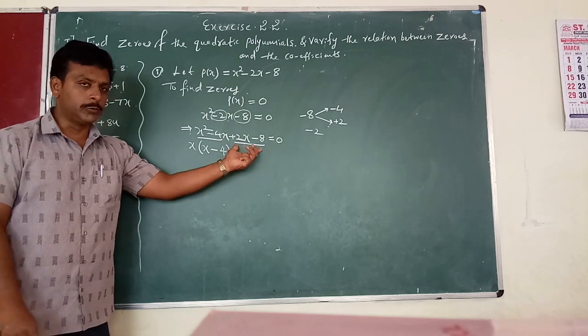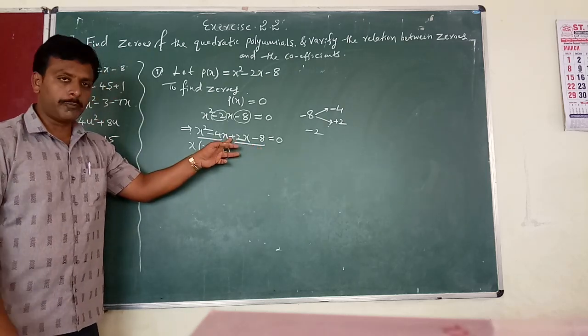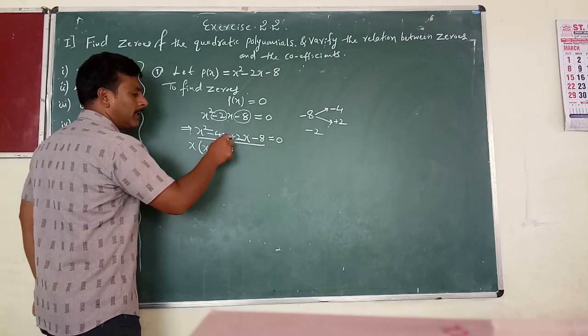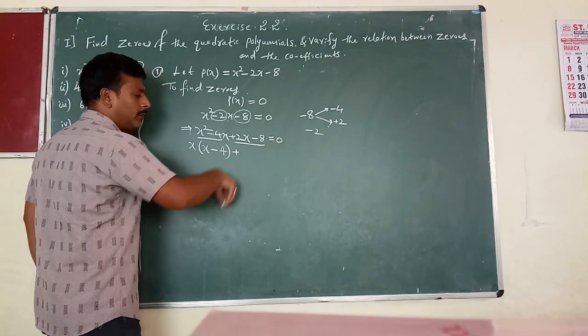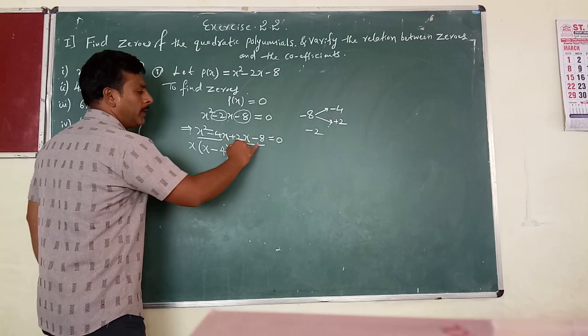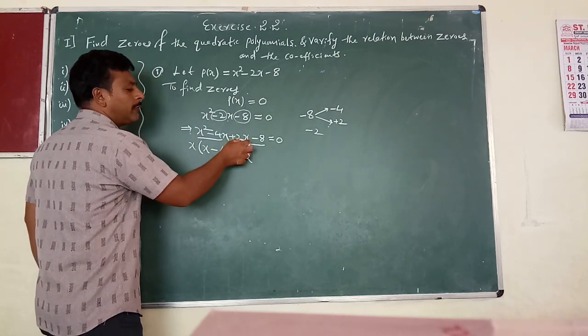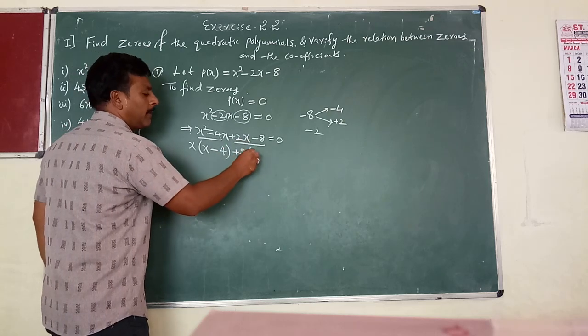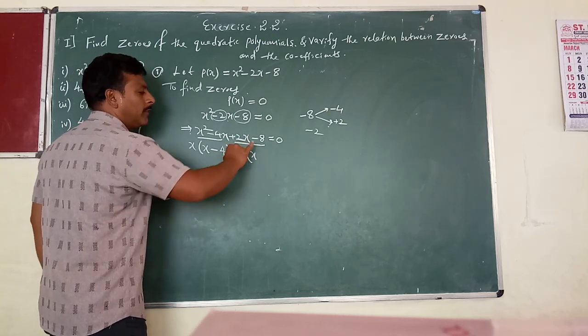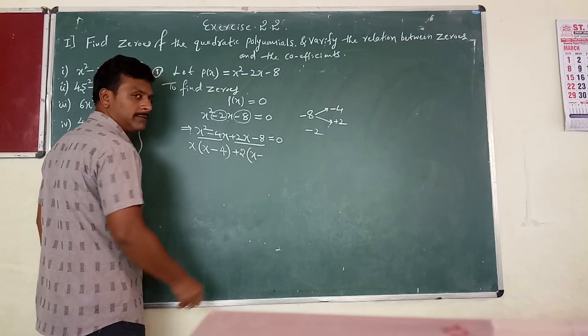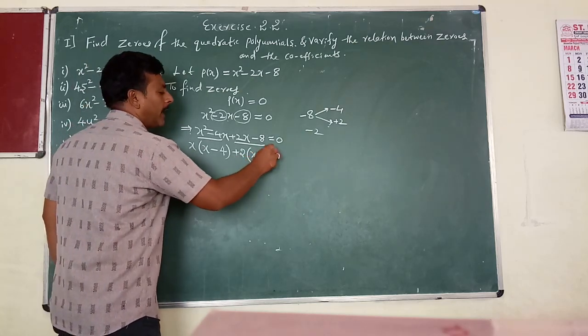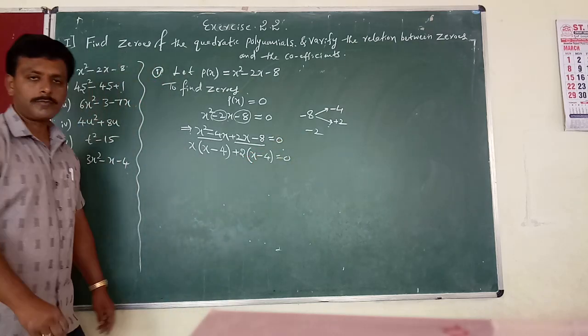After that, for the next 2 terms, whatever sign is here, take that sign, plus. Among 2 and 8, 2 is common, so I am taking 2 common. Out of 2x, 2 is outside, x remains here. As it is plus, this sign remains the same, minus. 2 fours are 8, equal to 0.